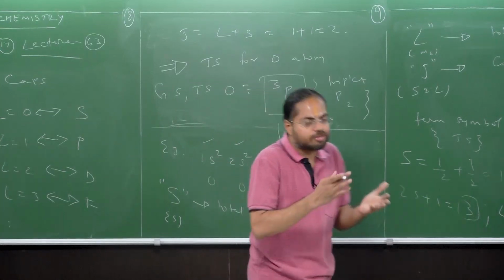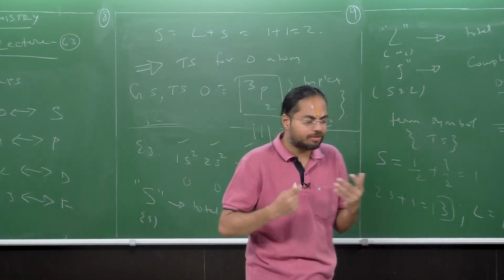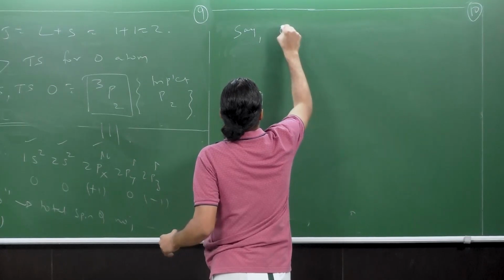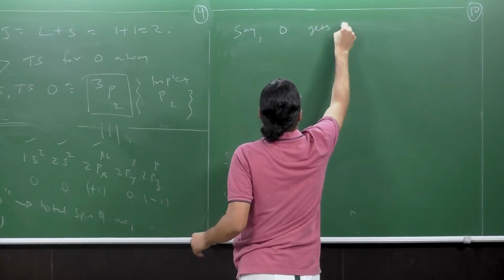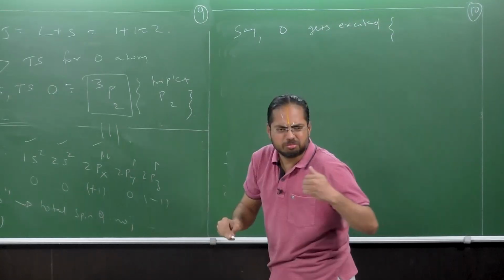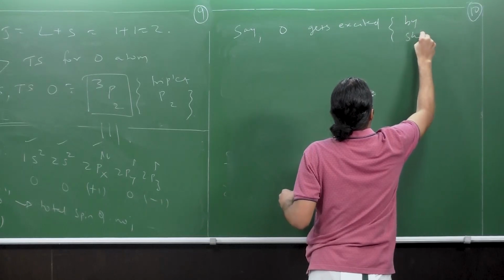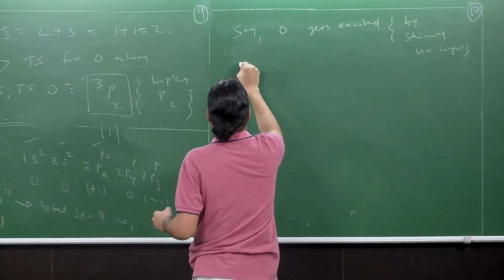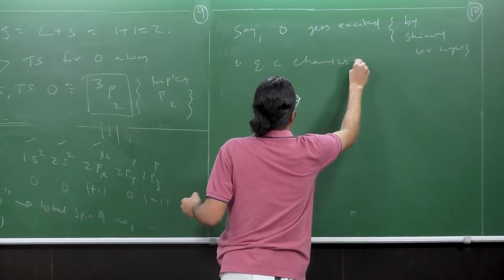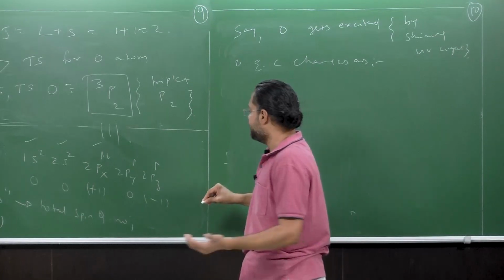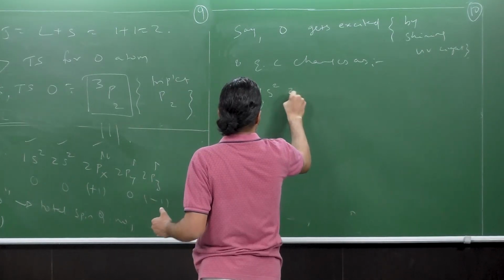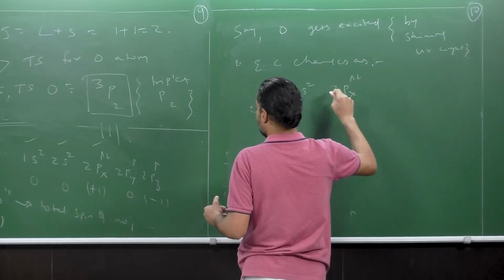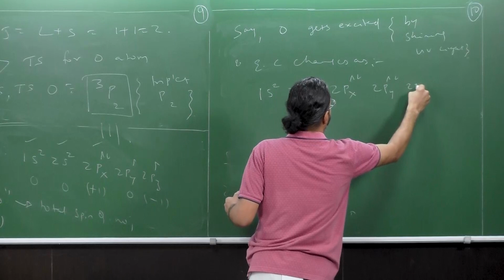But let's say this gets excited. Let's say that the oxygen atom gets excited, say by shining some UV light, and the electronic configuration changes from this one to 1s2, 2s2, and let's say that it becomes 2px2, 2py2, and 2pz0.